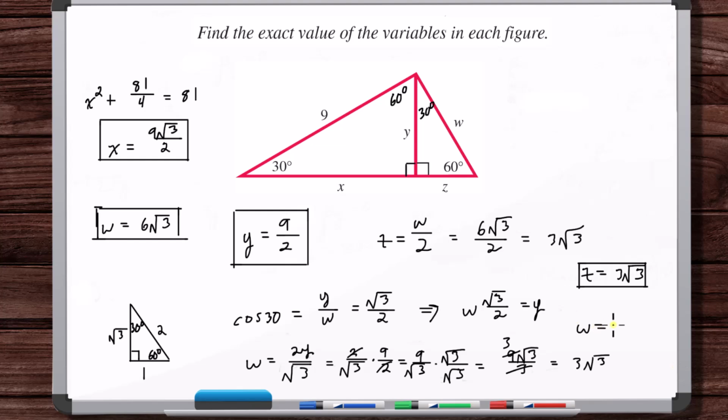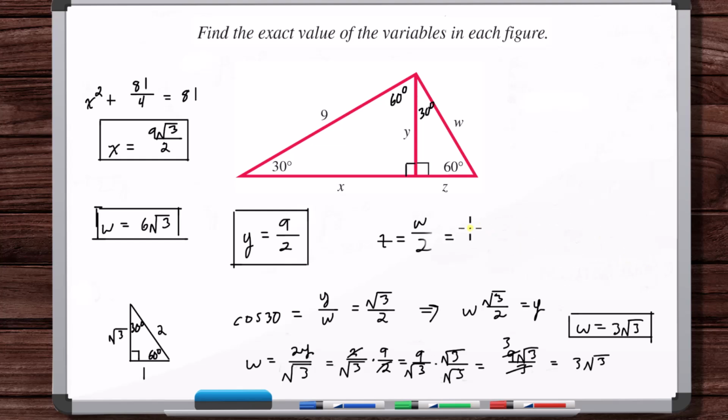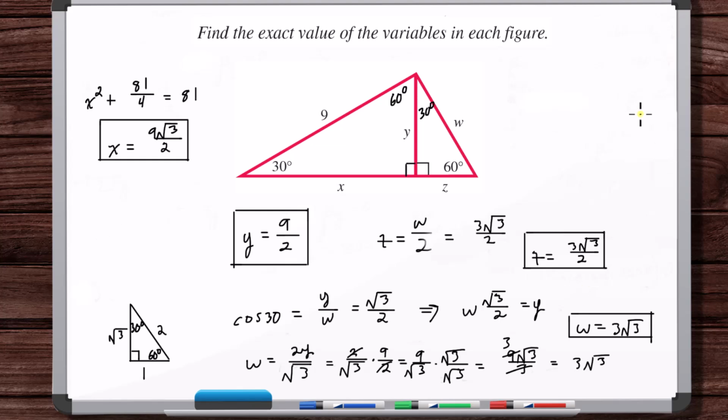So w is equal to 3 root 3. So now z then is 3 root 3 divided by 2. Okay, there we go. There are the 4 values.